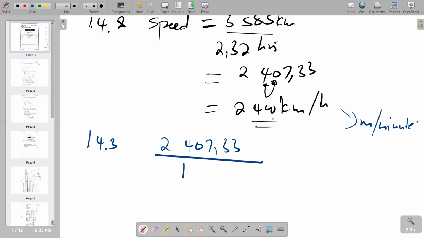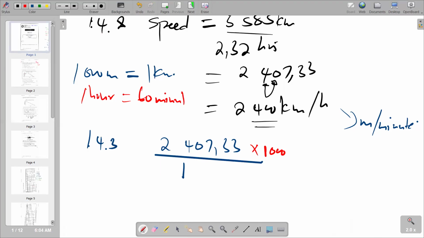We know that 1,000 meters is equal to 1 kilometer, so we are supposed to multiply here by 1,000 to convert to meters. Then this one is 1 hour, convert to minutes. We know that 1 hour is equal to 60 minutes, so we say 1 times 60. So that's how we are going to calculate it.